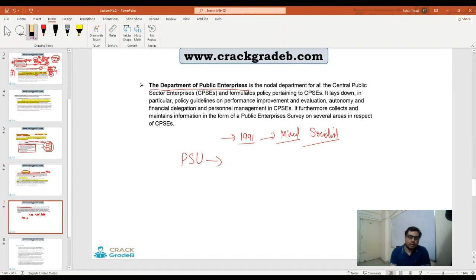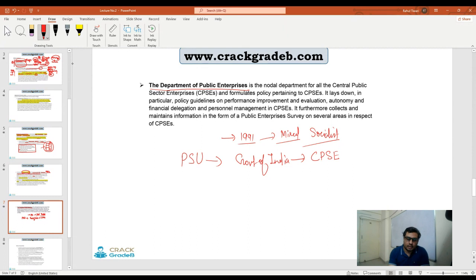Right? States can also have their own public sector enterprises. The central government can also have its own enterprises. So if any enterprise is owned by the government of India, it is CPSE or CPSU, right? Undertaking and enterprise are used interchangeably, right?